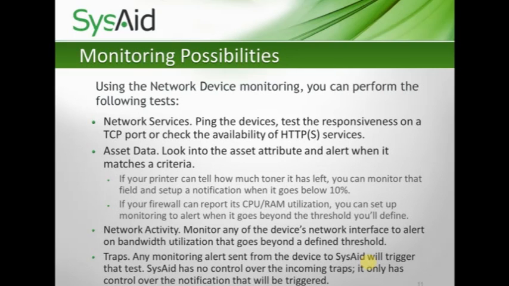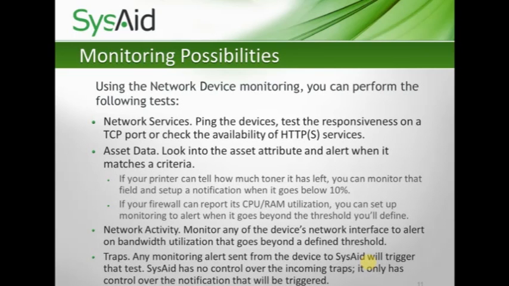You can also use the HTTP service for it. You also have the option to do an HTTP test and basically provide the monitoring configuration a URL to test. SysAid will go to that URL every 5 minutes when it does the monitoring test, and it will look for a certain phrase which you'll also configure.